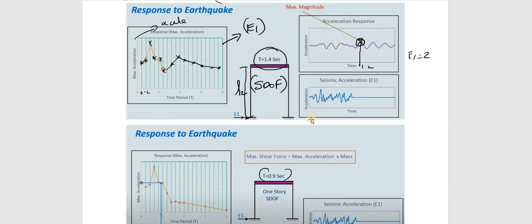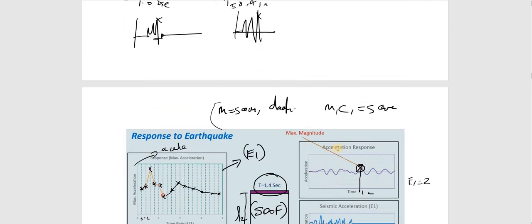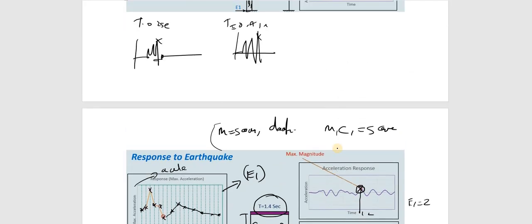Second one, then for each earthquake we will look at that. So for the first earthquake, I am drawing the accelerogram. This is the variation with respect to E1, the first earthquake. Now, to the same building, I am applying an earthquake of different magnitude. So its response may be like this.